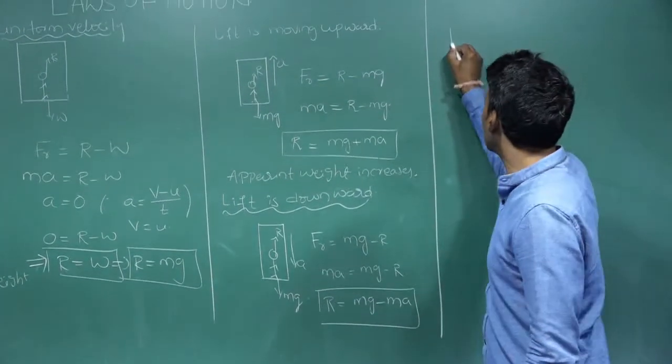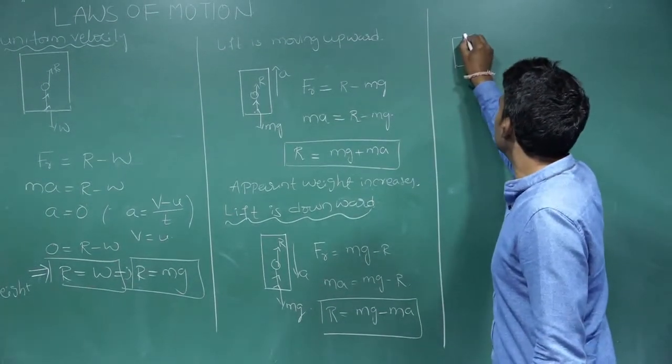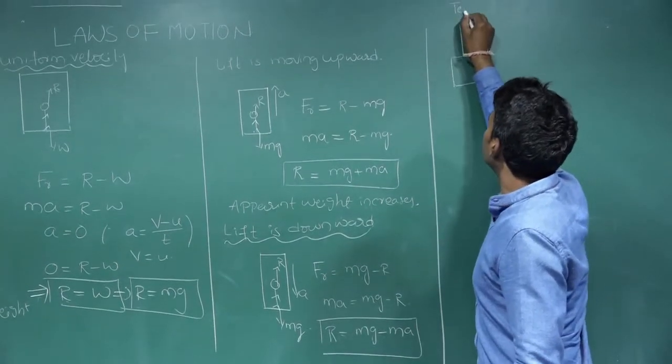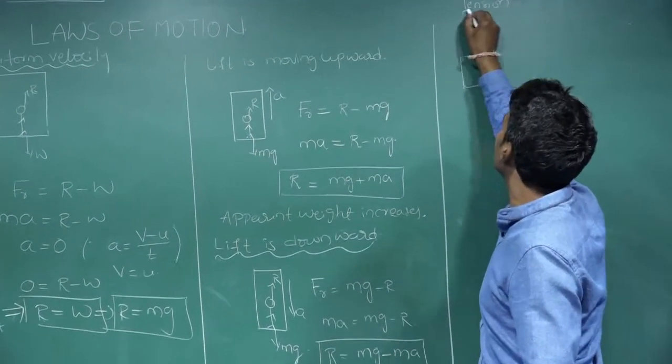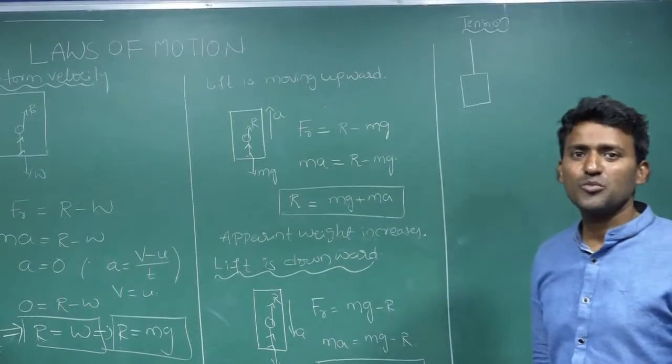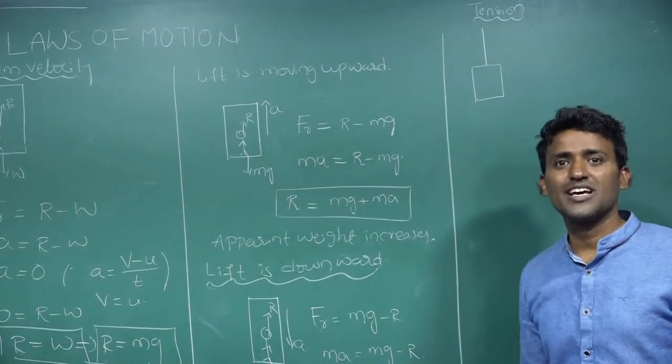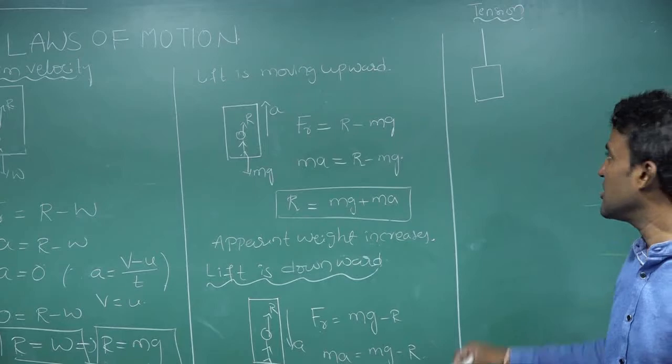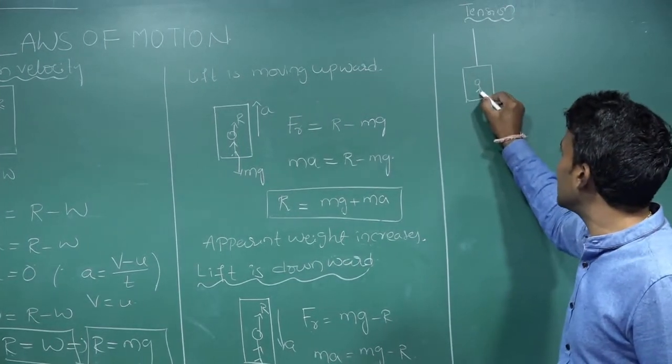How can you write in terms of the tensional force? See here, about the tensional force, the same equations will hold, but the letter and the quantity name will be changed. See here, one person is standing inside the lift.